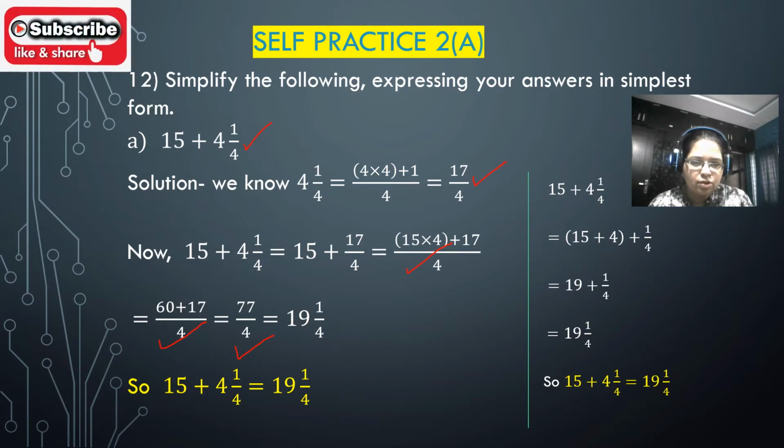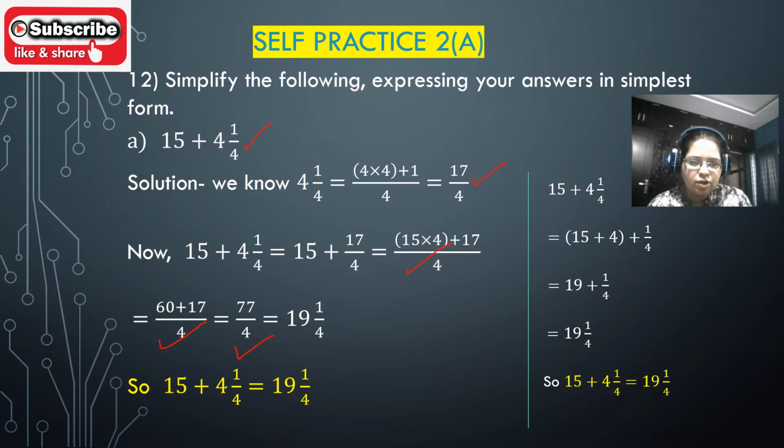We know 77 equals 19 multiplied by 4 plus 1, where 19 is the quotient, 4 is the divisor, and 1 is the remainder. So 77 by 4 equals 19 and 1 by 4. This is the mixed fraction.